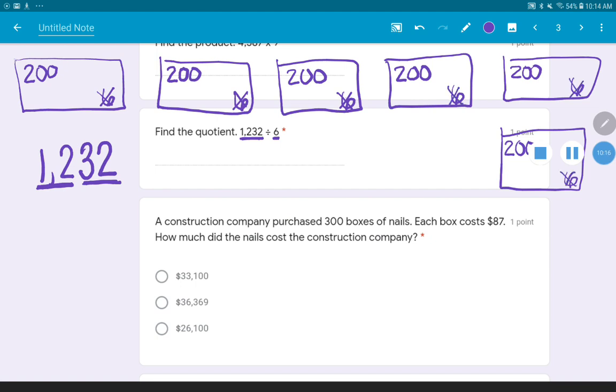Let's try 5. 5, 10, 15, 20, 25, 30. Can we do that? Yeah. How many do I have left? 2. Can I do anything with those 2? They're going to be the remainder. In each group, I have 205, and I have a remainder or leftover of 2.